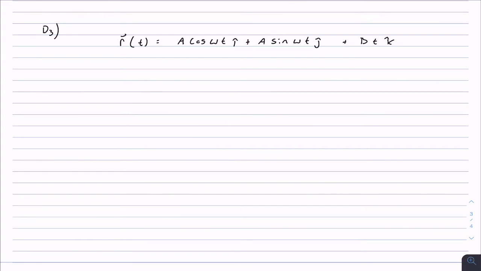The simplest way to go through this is we can just observe that for our position vector r, let's simplify it. Let's say that A is 1, omega is 1, and B is also 1. So we're just looking to plot this thing.